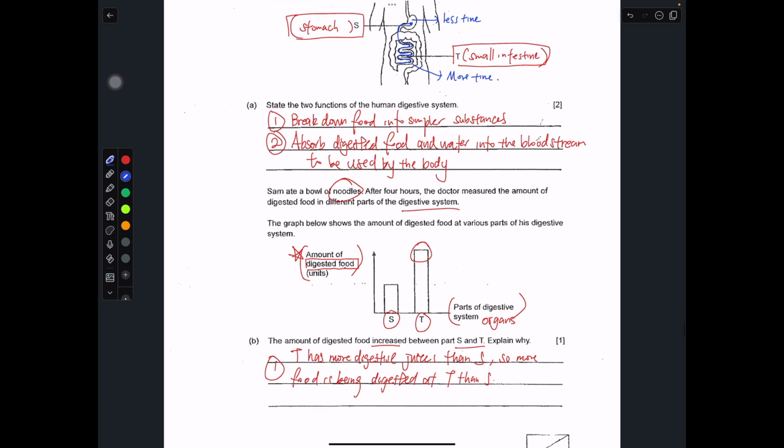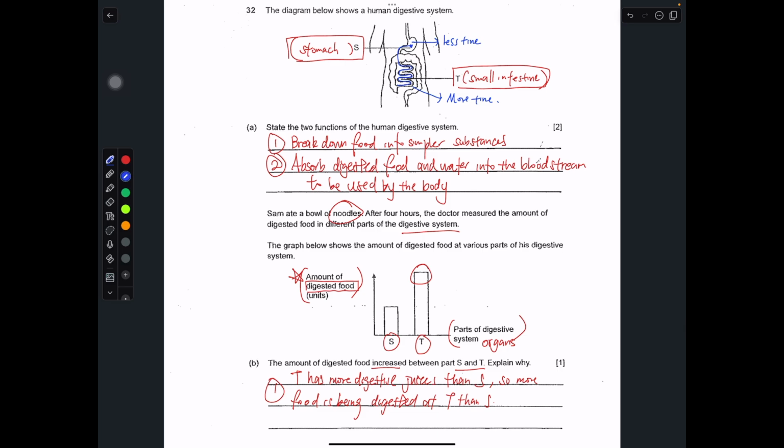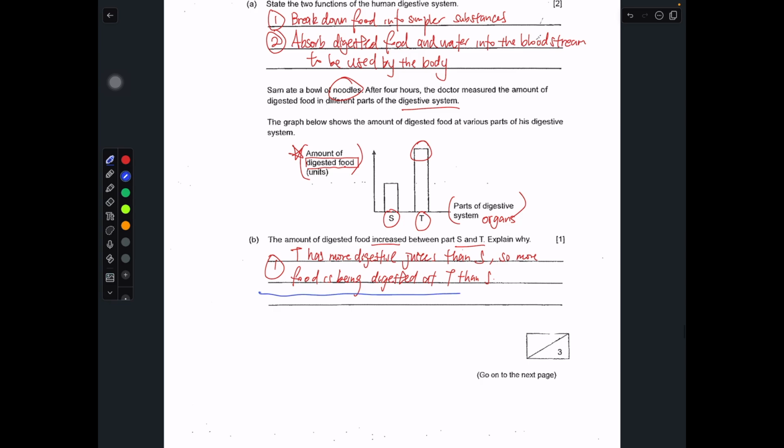So another way to explain this is the food spends more time in T as compared to S, so more food is being digested. So this is another way you can explain it.